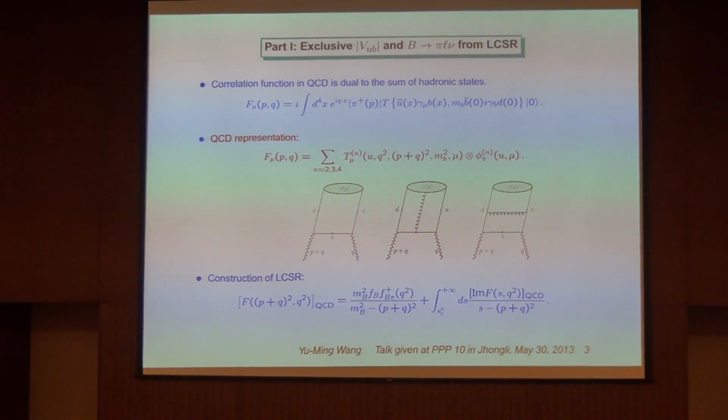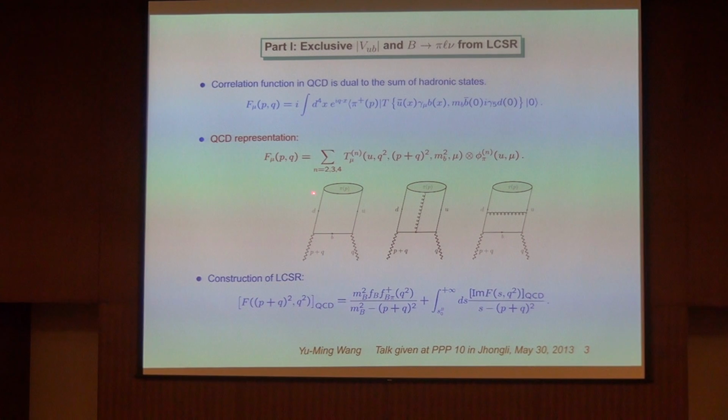And for small transverse momentum, where this pi moves very fast, almost on a light cone, we can compute these correlation functions using light-cone OPE. It has a general form as the convolution integral of this hard-scattering kernel with increasing twist and this pi distribution amplitude.